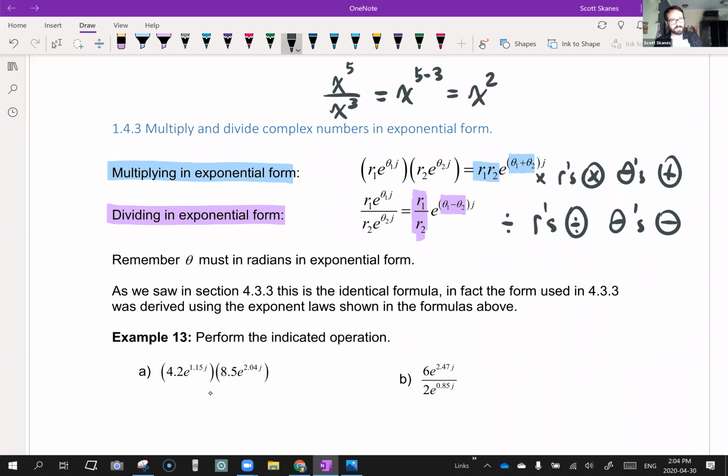So this is not new. Just like if you had something like this, when you multiply, the exponents add. Same exact situation as we're dealing with now, except we have a j that gets in the way. But no big deal. The j just kind of hangs out on the outside as a common factor.